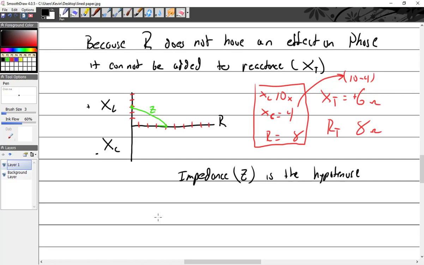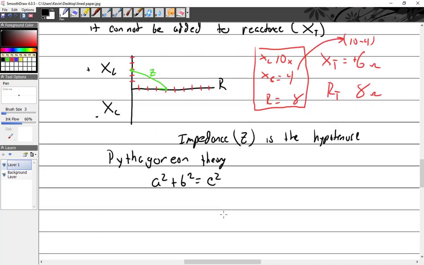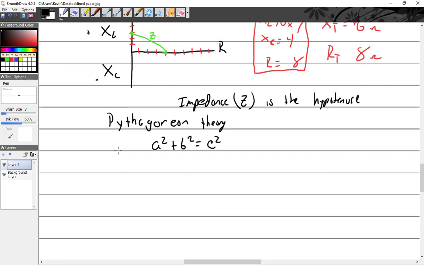So to find Z, the Pythagorean theorem says a squared plus b squared equals c squared. Well, a lot of good that does me because I don't see a, b, or c up there.